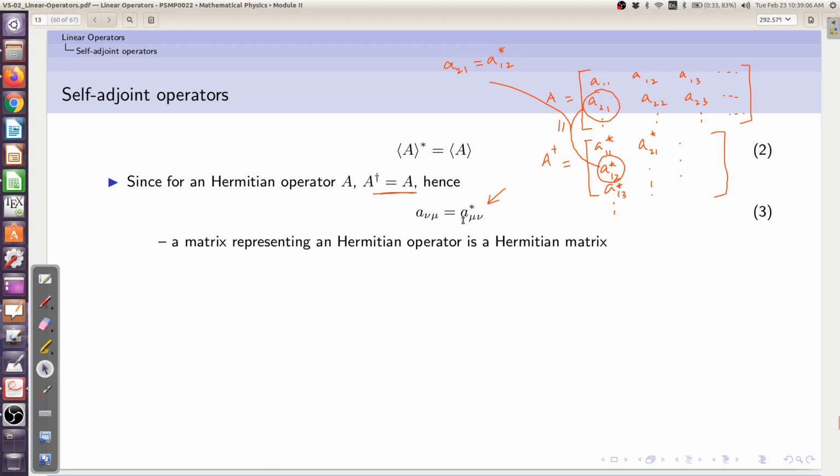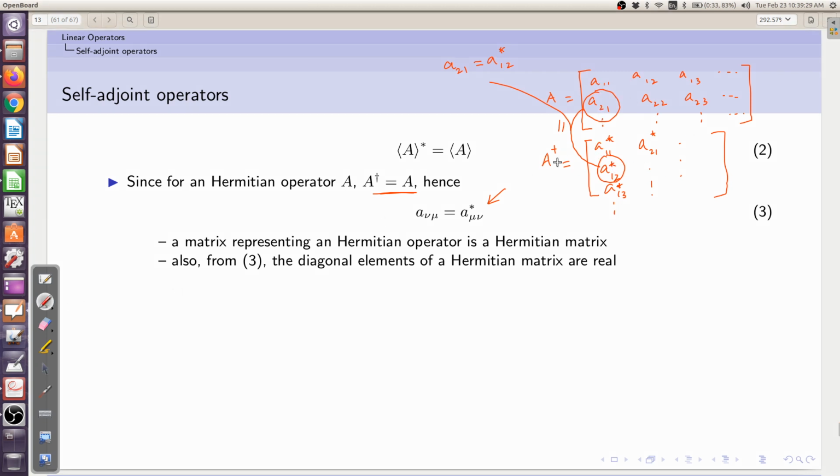If you remember from your course in linear algebra, such matrices which behave in this way are known as Hermitian matrices. So the matrix which represents a Hermitian operator is a Hermitian matrix. From equation number 3, we also realize that the diagonal elements must be real. What is the diagonal element?